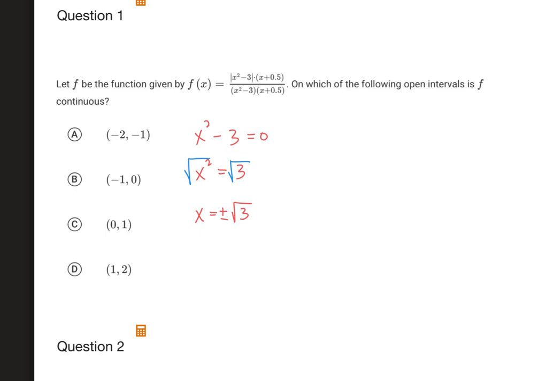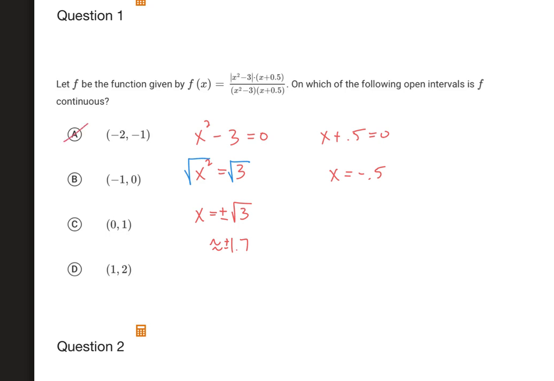And let's just say that that is about 1.7, plus or minus. And then the other factor, set that equal to 0. So x is -0.5. So we're just looking for the interval that doesn't contain -0.5 and doesn't contain plus or minus 1.7.